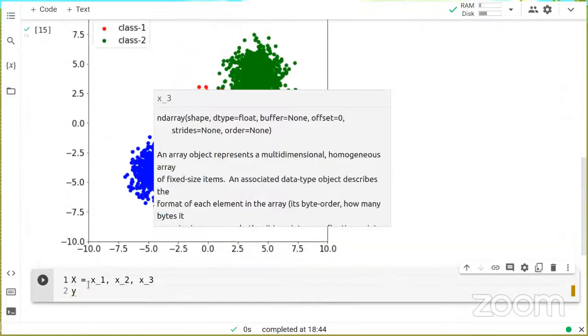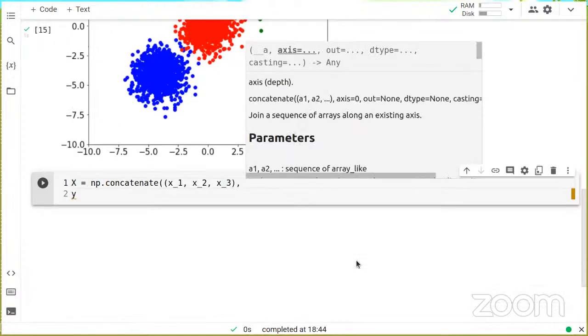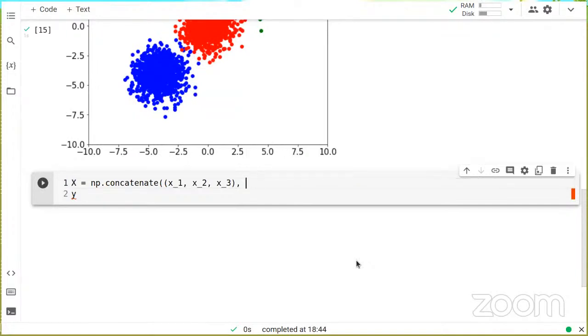Concatenate. Okay, we'll use np.concatenate. I'll put all these 3 in a tuple. Along what axis should I concatenate? Axis 0. So let's concatenate it along 0, and for y, we'll just concatenate too. It's just a vector, so we don't need to worry too much.